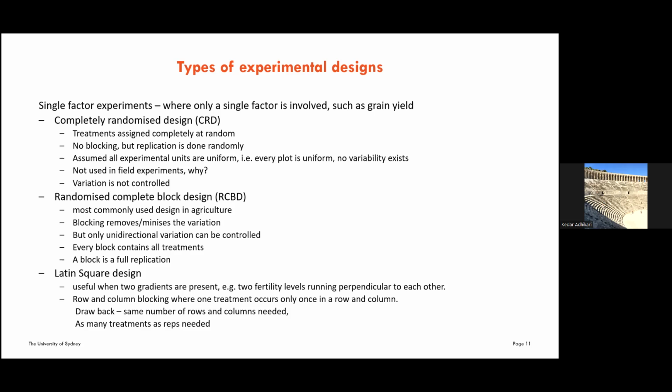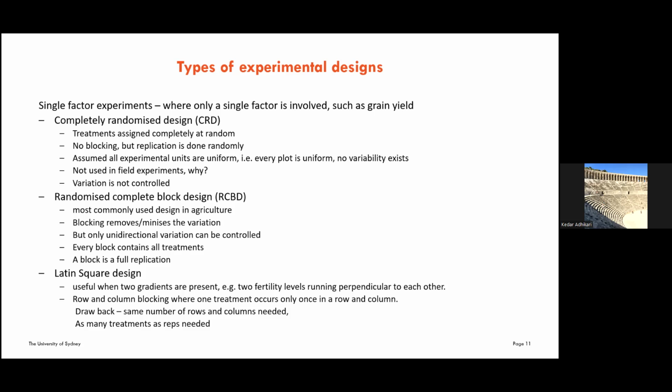And this kind of experiment is applicable only in an ideal process where there is no variability, where the soil is very uniform and there are no external factors, which is hardly the case, right? And that's why it is not used in field experiments.